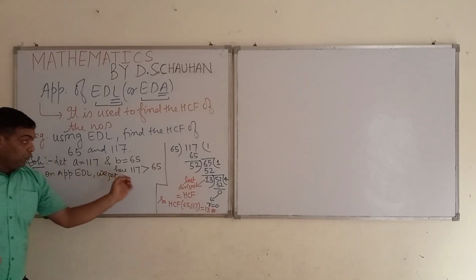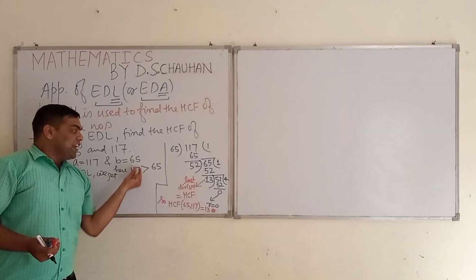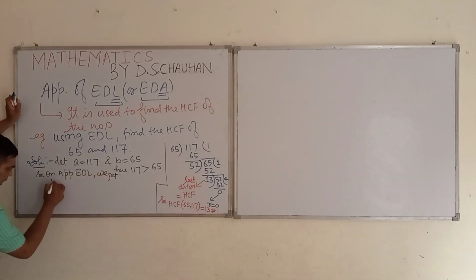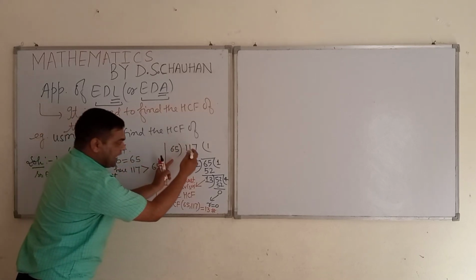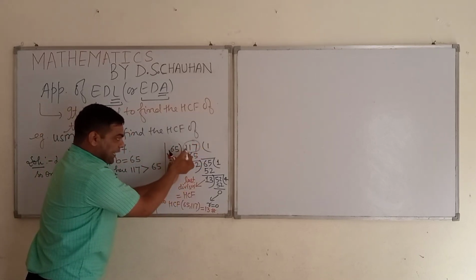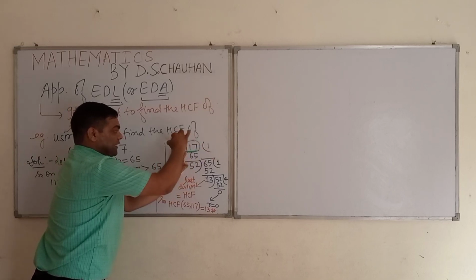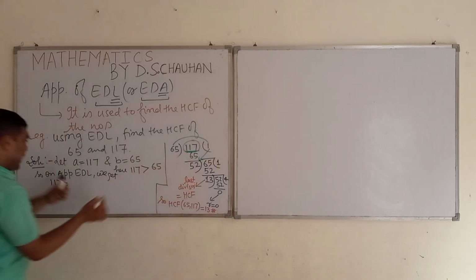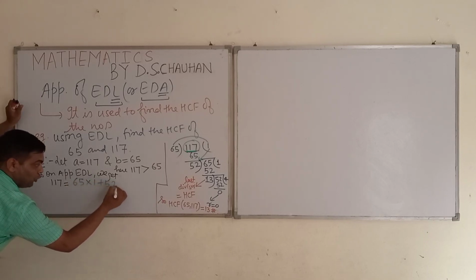As I have told you in the concept of Euclid division lemma, one number can be expressed in terms of the other. So 117 can be written as dividend equals divisor into quotient plus remainder. So what could it be, students? This is 65 into 1 plus 52.